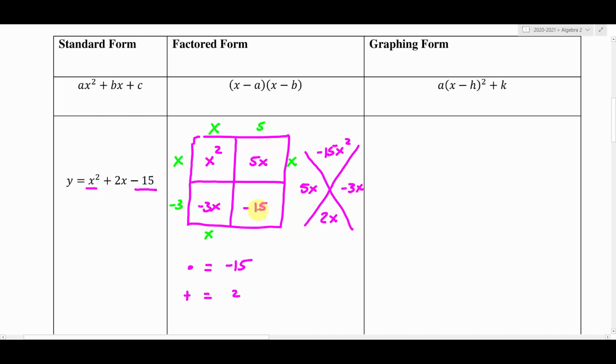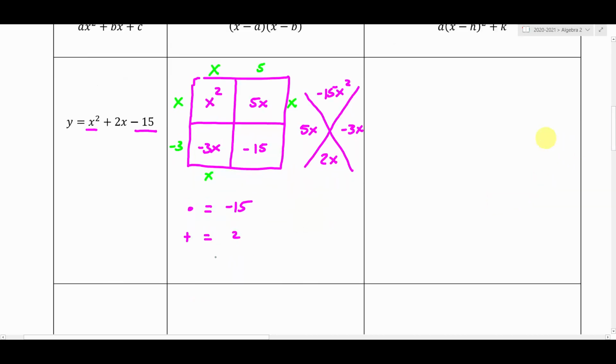All right, now notice the entire side length of the big box, right? So if I look at the entire box, notice my entire side length here is x plus 5. And my height over here is x minus 3. So essentially I have 2 dimensions for the big box.